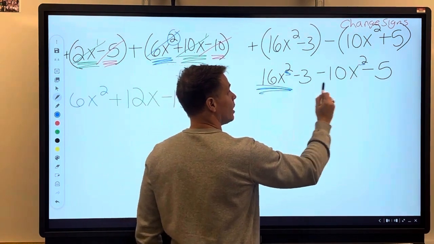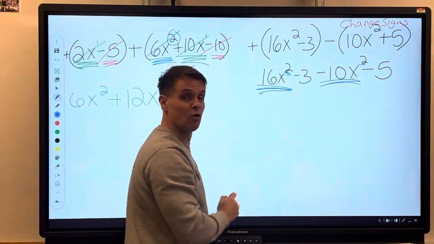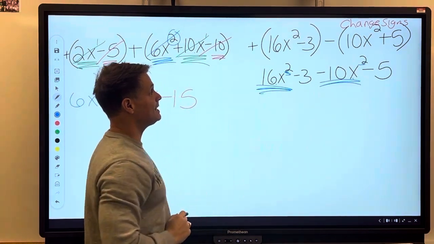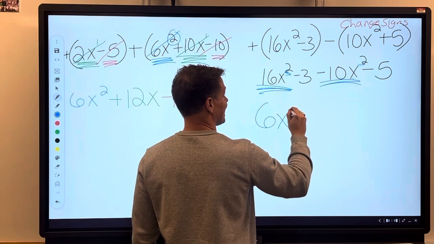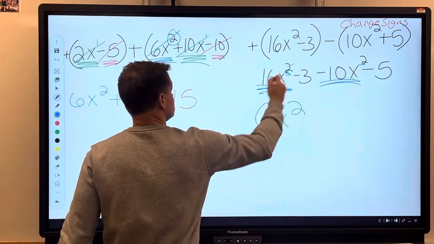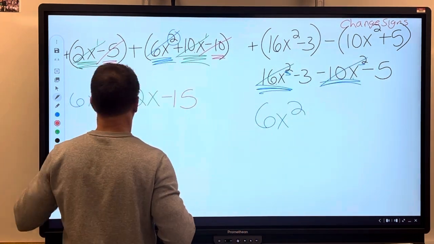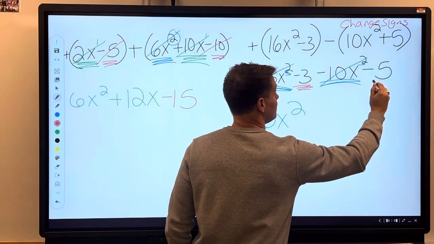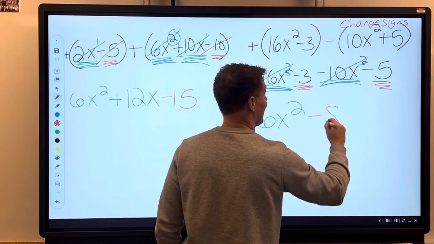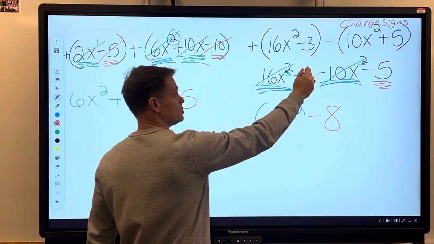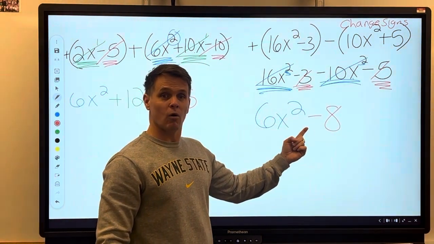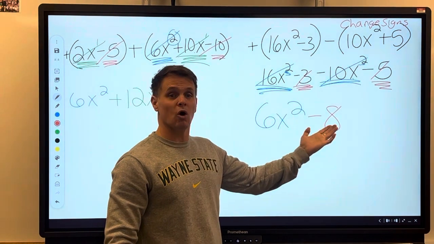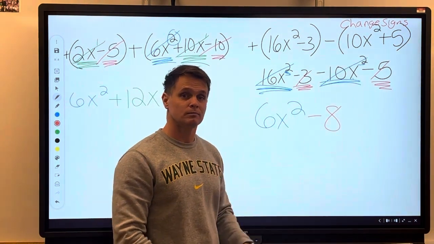That means these are like terms because they have the same variable also. 16x squared minus 10x squared is 6x squared. And then over here, -3 minus 5 is -8. I'm going to cross those out. There's nothing left. This is in standard form. Highest exponent to lowest, or number by itself.